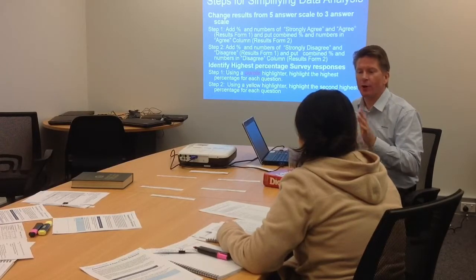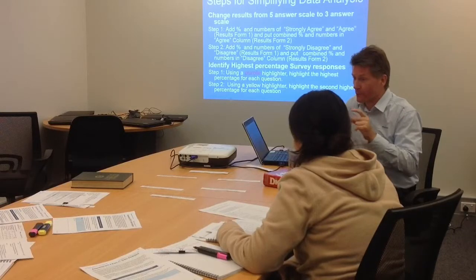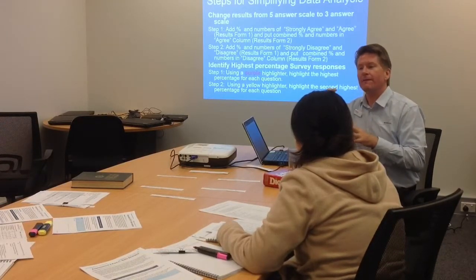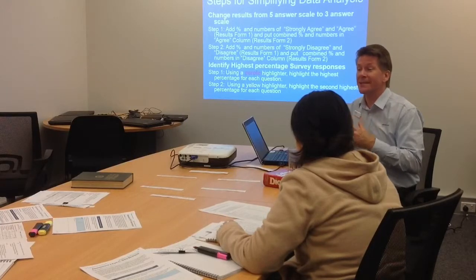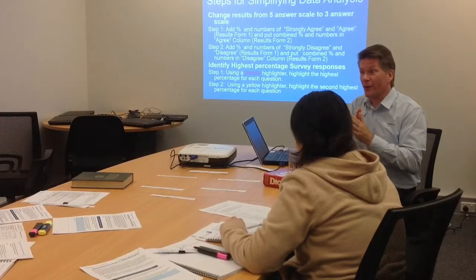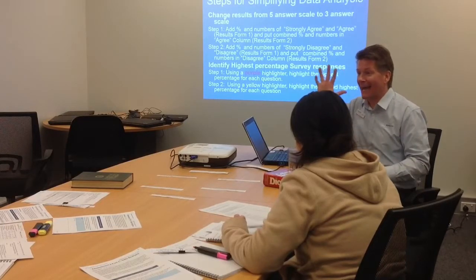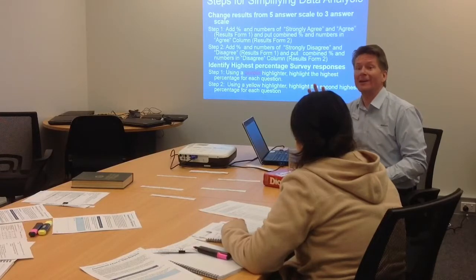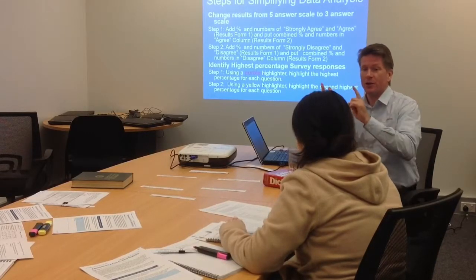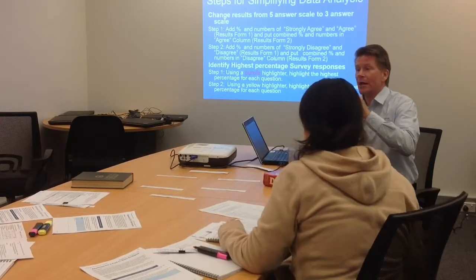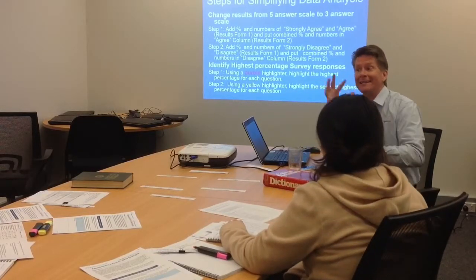The table on results form 1 are basically the responses from an employee survey, and there's 10 questions. They're also broken down into 5 categories. And they're scales. I'm calling them scales for the moment: strongly agree, agree, neutral, disagree, strongly disagree.